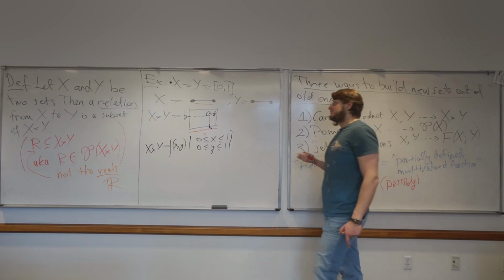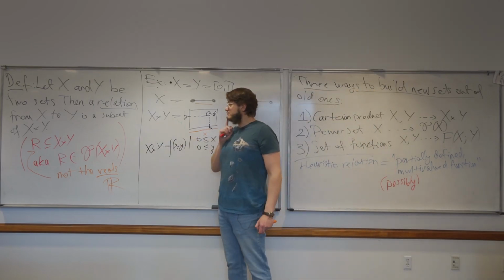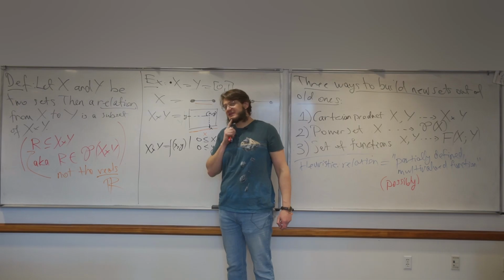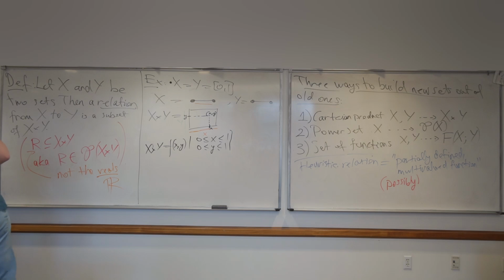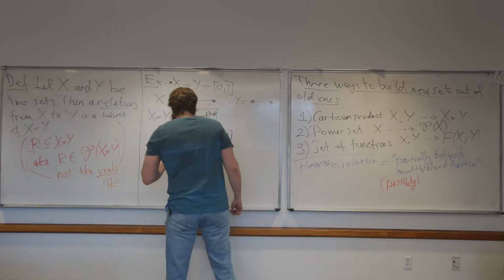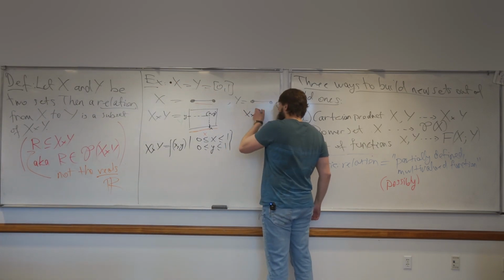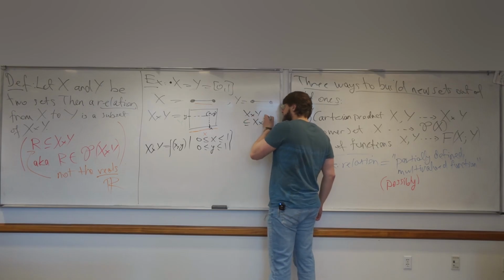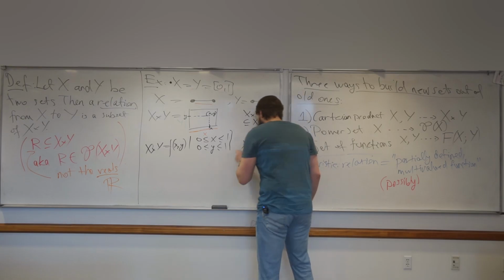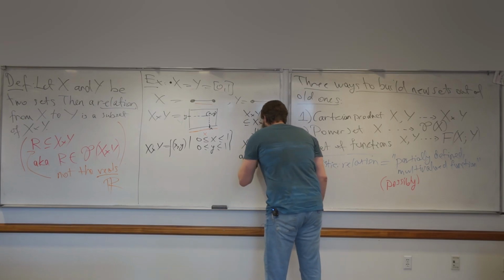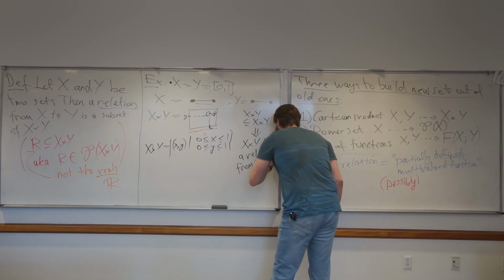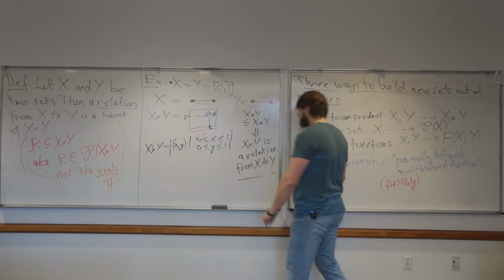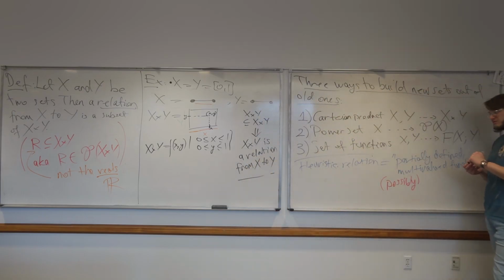So technically, for instance, x times y is a subset of itself, which means that x times y is a relation from x to y. What does this mean?